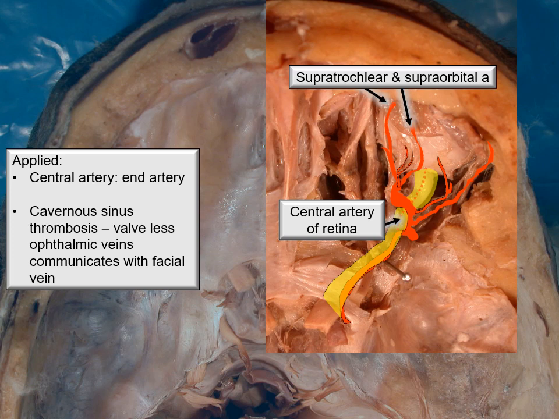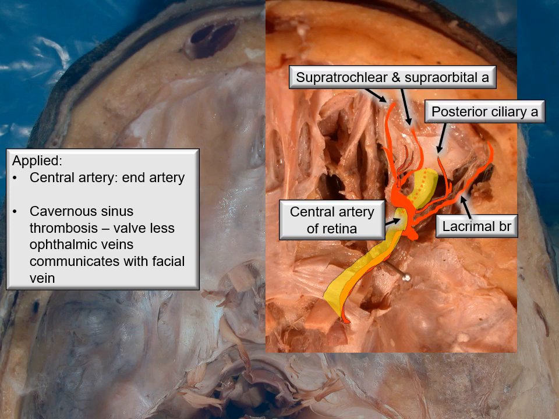That is the first, or most important, branch of the ophthalmic artery. Then there are the supratrochlear and supraorbital arteries, which along with the corresponding nerves move out of the orbital margin and are seen in the forehead and scalp. The lacrimal branch goes along with the lacrimal nerve along the lateral side of the orbit to the lacrimal gland. A number of muscular branches go to the local muscles here.